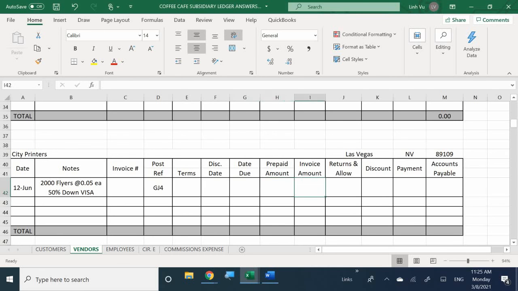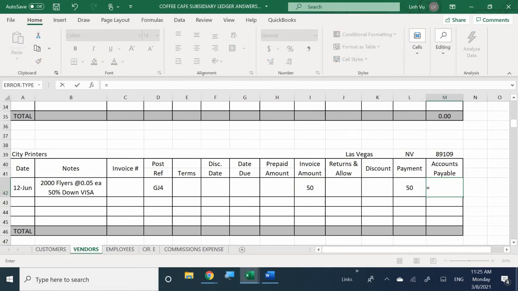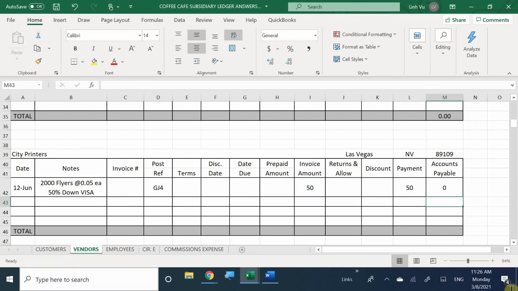But for now, we're going to say as if we made a payment, or the bill was $50 and we made a payment to it. All right. So once again, the formula is the invoice minus the prepaid minus returns minus discounts minus payment. And I owe City Printers nothing.